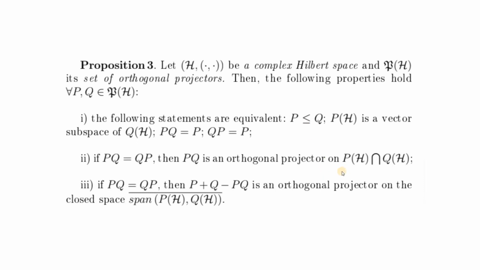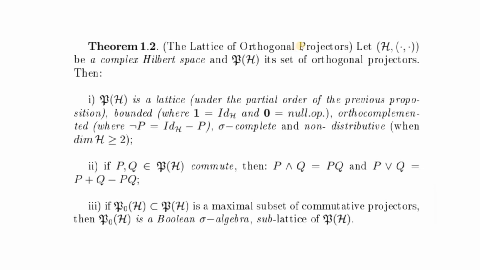And now the main example, which is the lattice of orthogonal projectors on a complex Hilbert space. This is a lattice under the previous partial order, which is bounded, where the maximum is the identity and the zero is the null element.